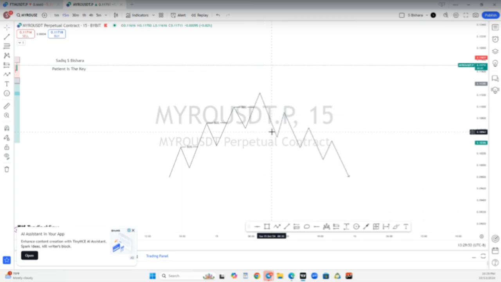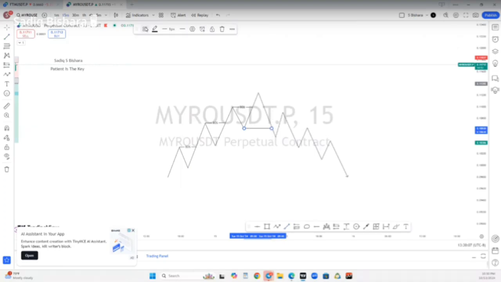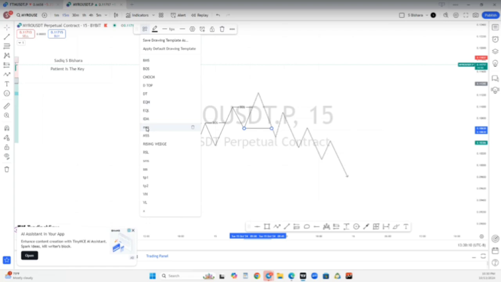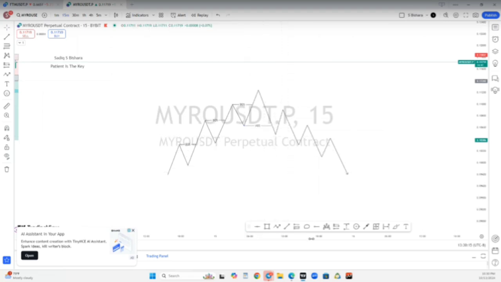So the market is giving us this break of structure in the previous chart. Then the market comes and gives us this market structure shift, which is change of character.